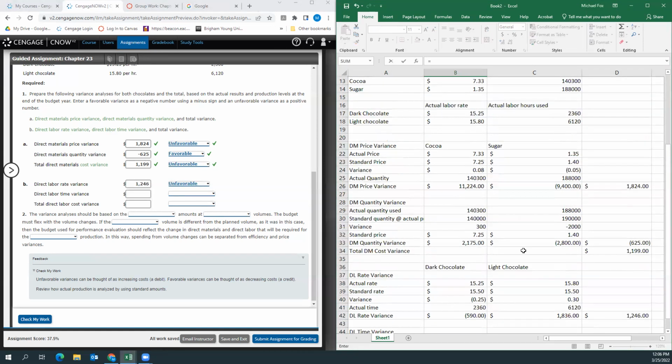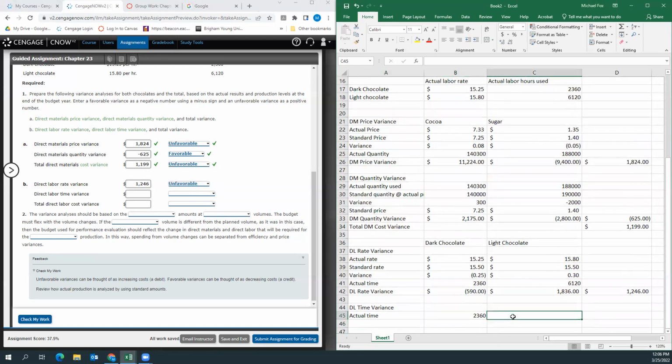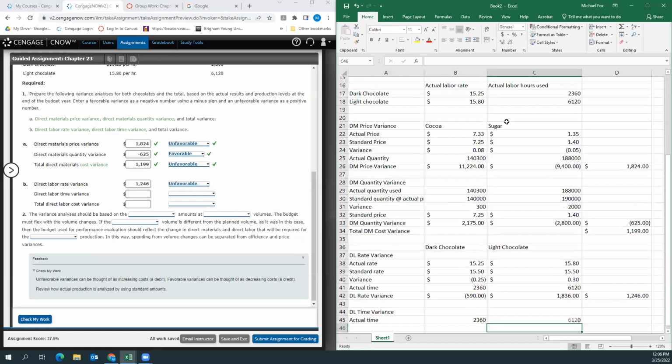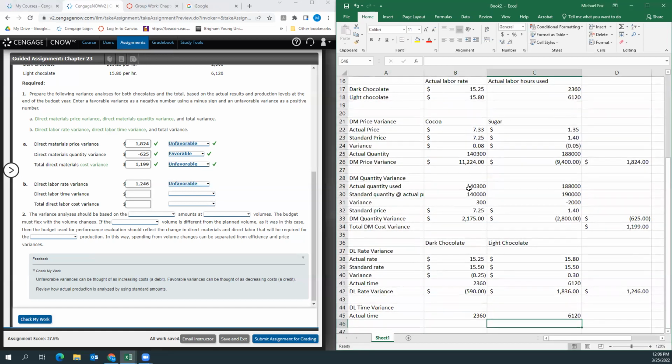So I'll say my actual time was 2,360 hours on dark chocolate and 6,120 hours on light chocolate. That's my actual time. Then I'm going to compare that to my standard time. And again, this is our standard time at our actual production, or how much time we expect it will take given our actual production levels.